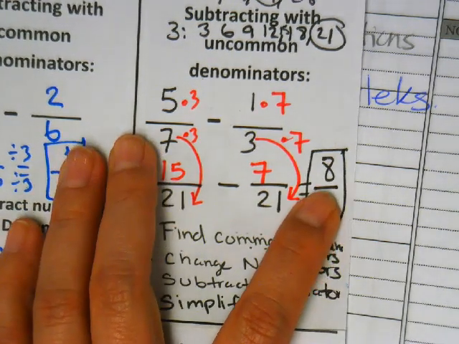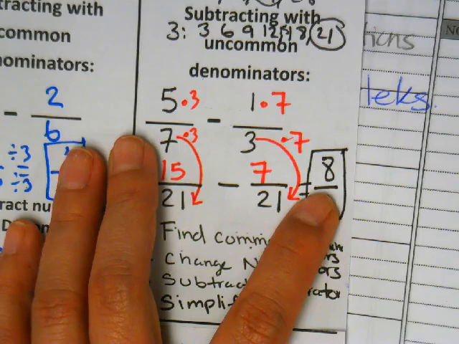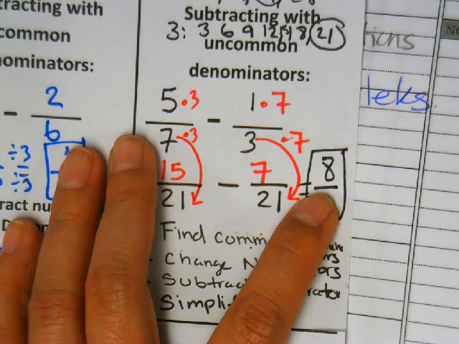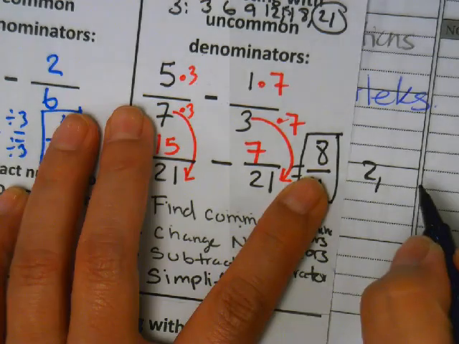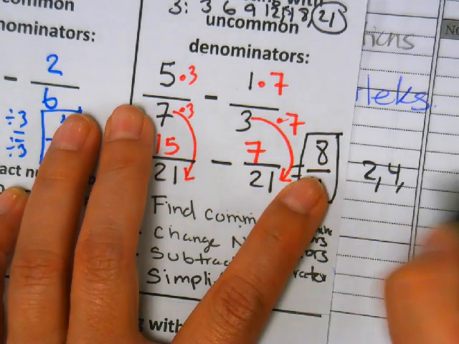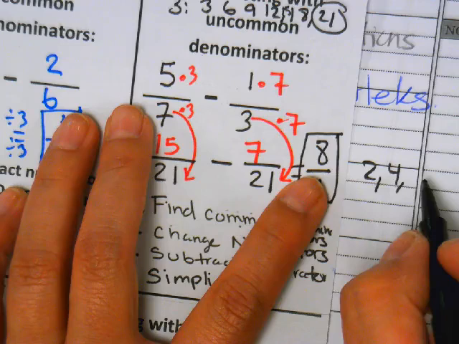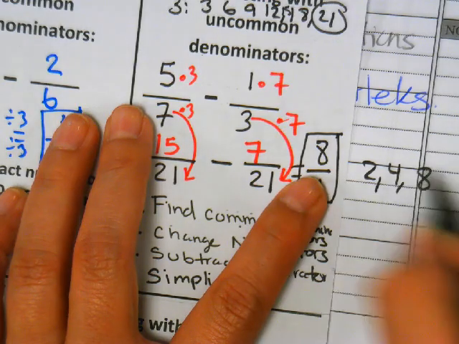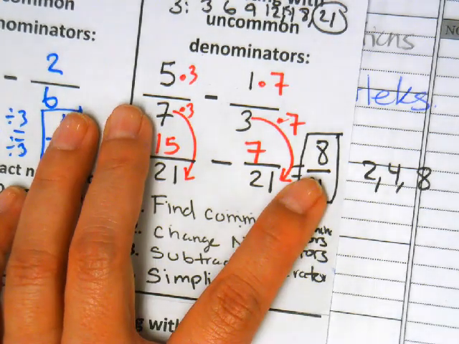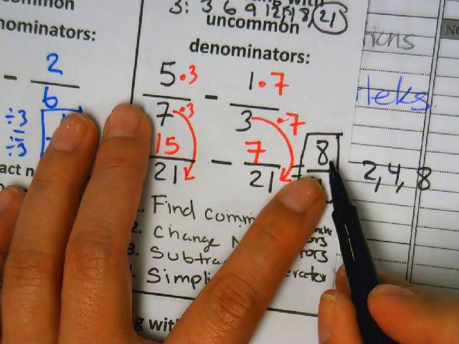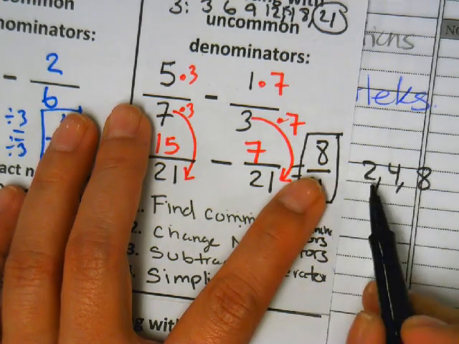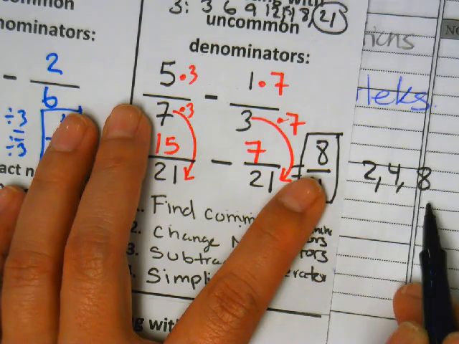Here's how you look at simplifying. Look at the smallest number. What can I divide the smallest number by? 2. What other number? 4. What other number? 8. Any other than 1? No. Okay, so these are the numbers. You always start with the smallest number. I can use 2, 4, or 8.